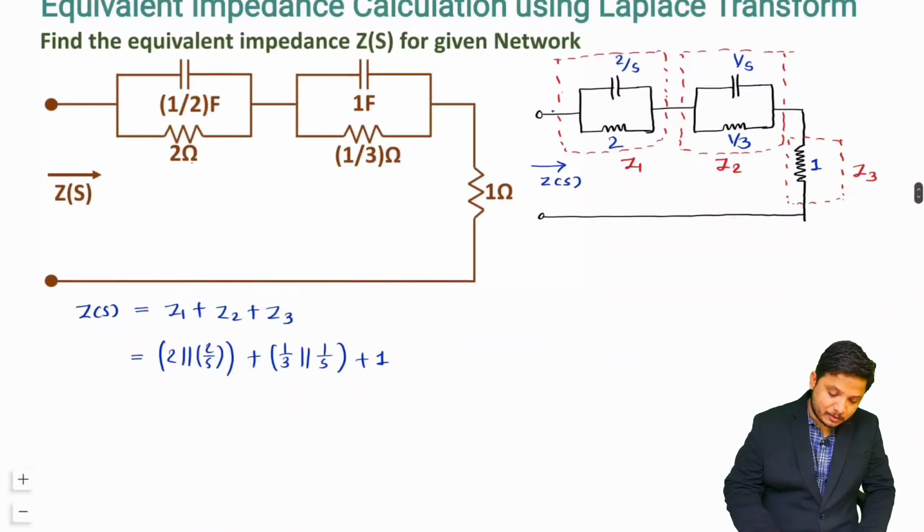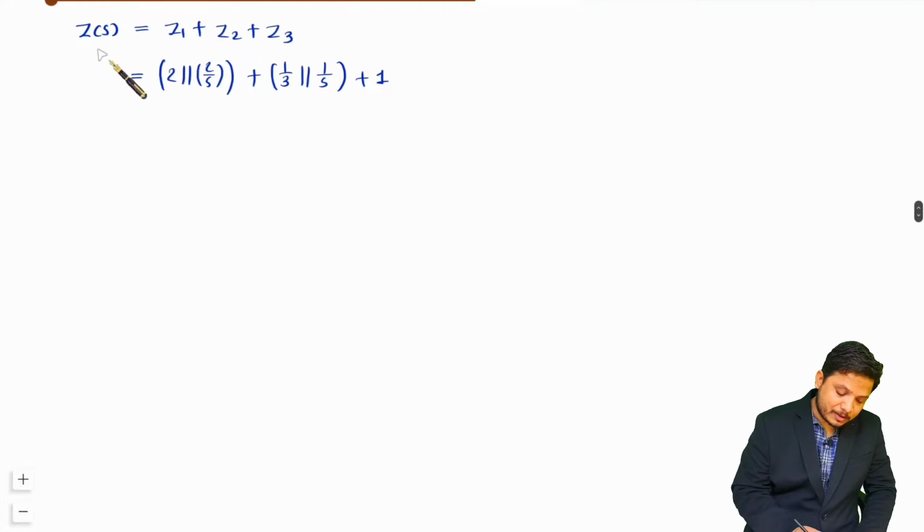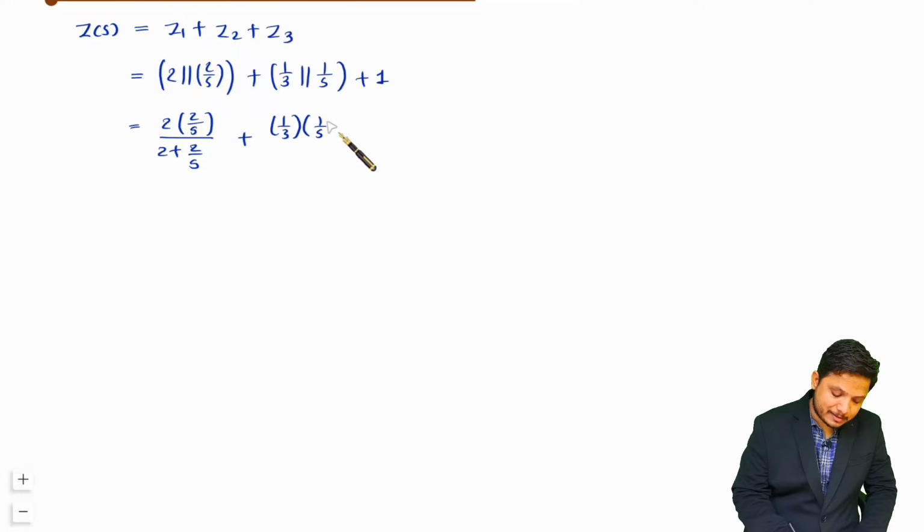Now we just need to solve this equation to get the value of Z of S. In parallel, it will be 2 into 2/S divided by 2 plus 2/S, plus 1/3 into 1/S divided by 1/3 plus 1/S, plus 1.